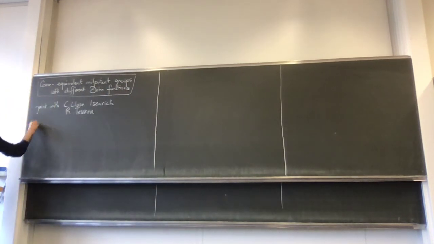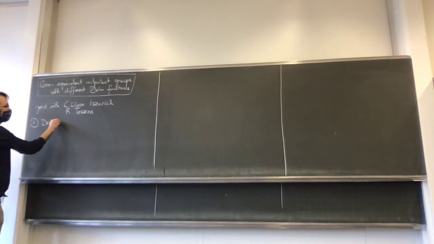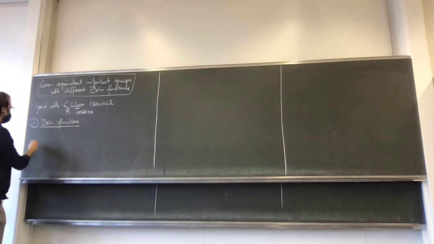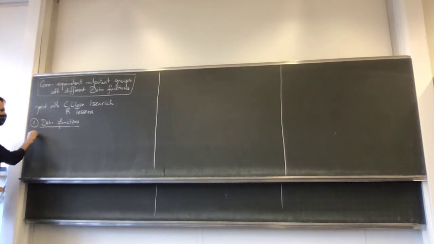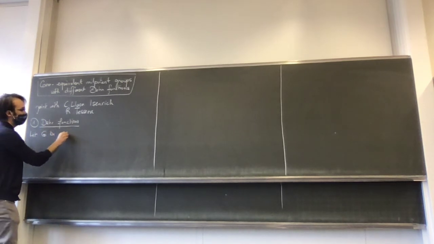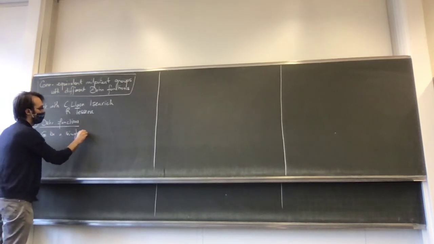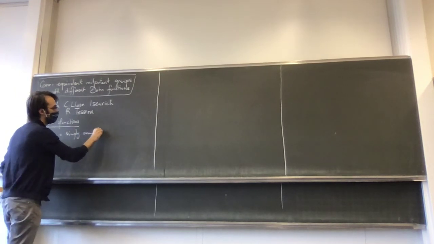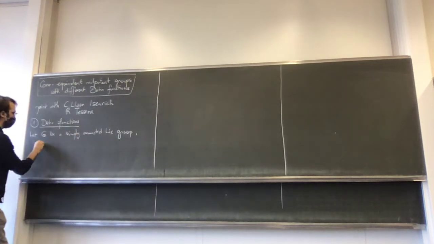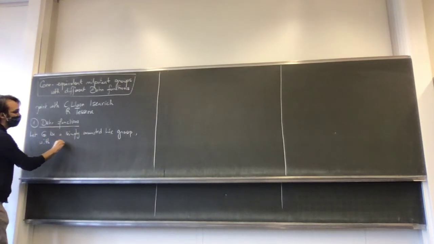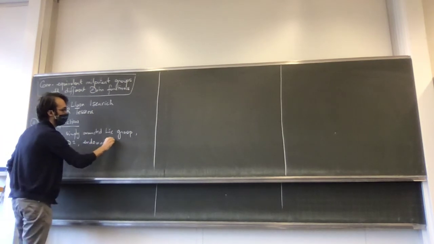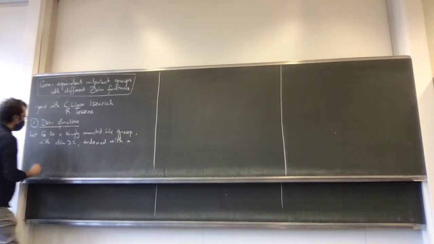So first, about Dehn functions. For the whole talk, we will consider simply connected Lie groups. So let G be a simply connected Lie group with dimension at least 2, endowed with a left invariant Riemannian metric.